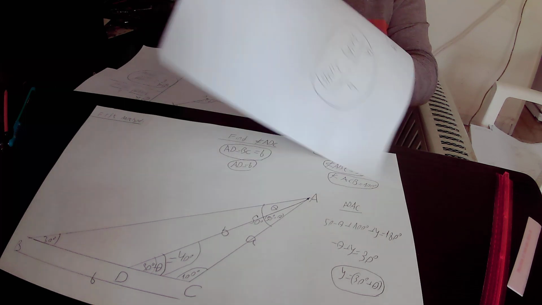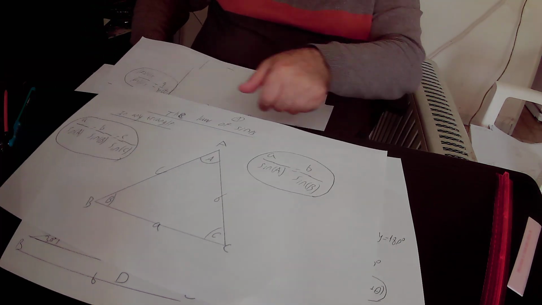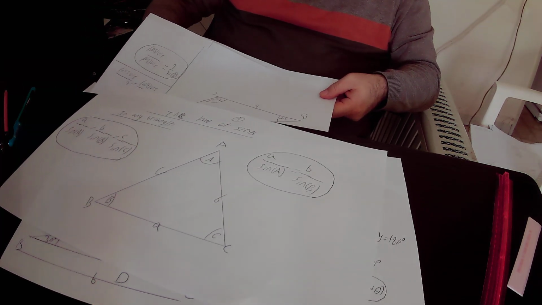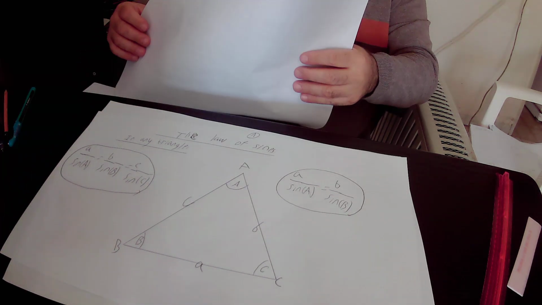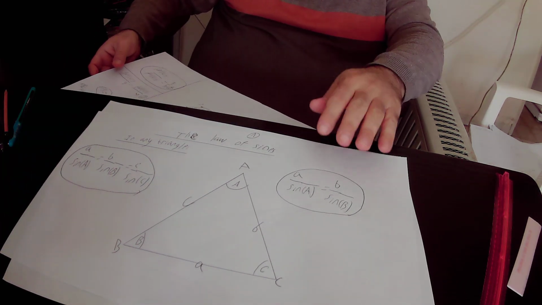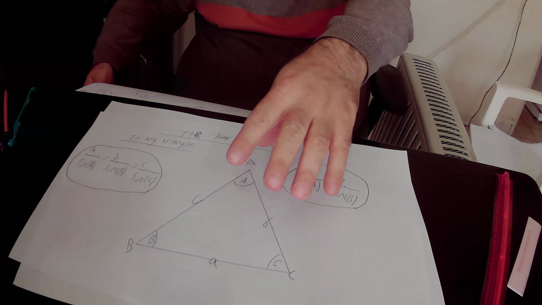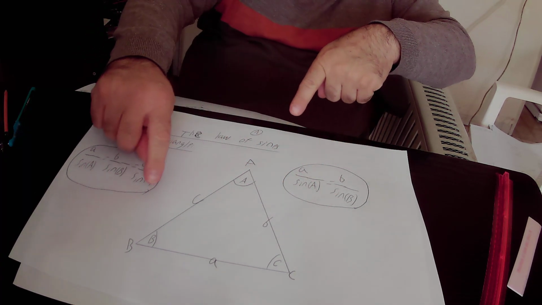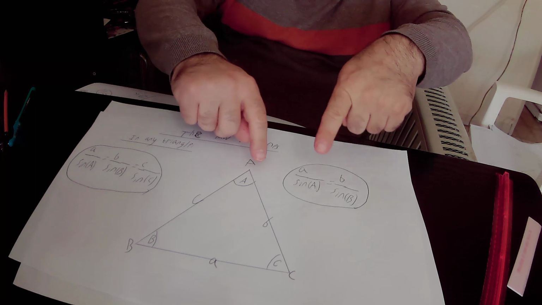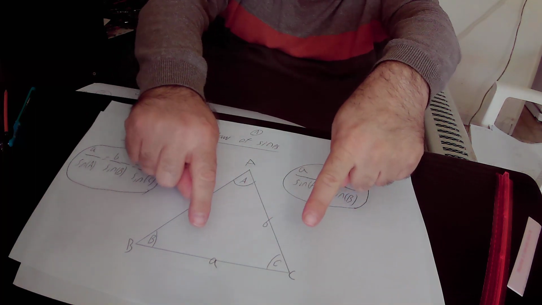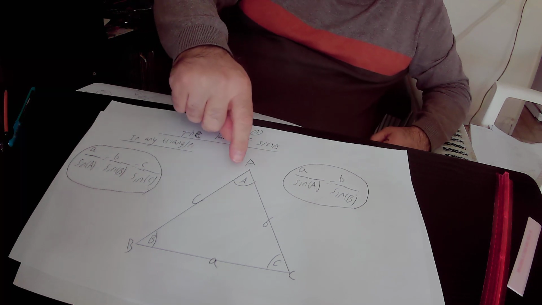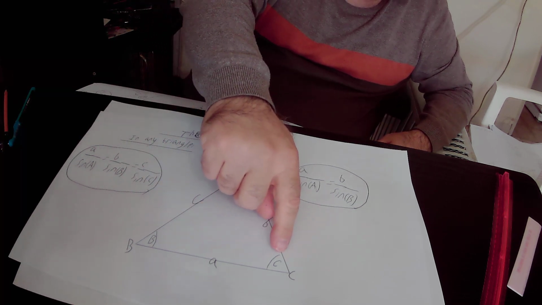According to the law of sines, in any triangle, if we have this triangle ABC, that could be any triangle, we know that side AB equals C units, side AC of triangle ABC equals B units, and side BC equals A units. This is angle A, this is angle B, and this is angle C.